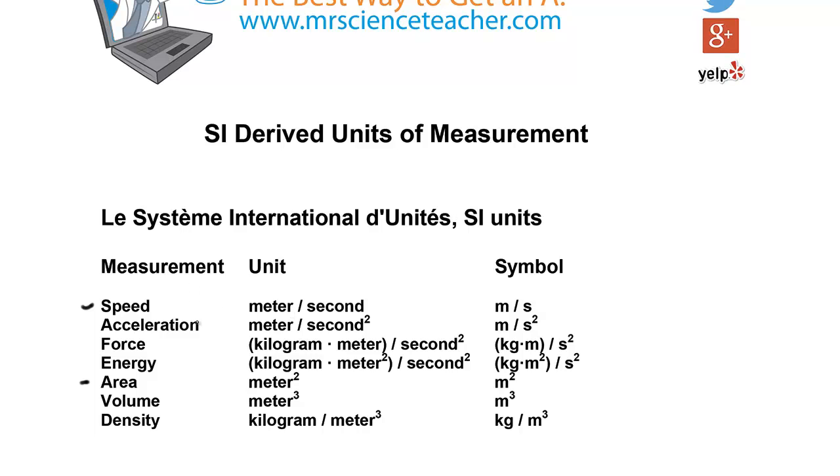You should know their measurement of these, and you should know the units and the symbols. So be certain that you know how to look at a derived unit and just use these examples, because I want to make sure that you understand what a derived unit and a base unit are. So you'll need to look at these.